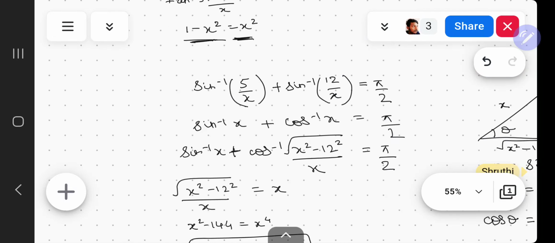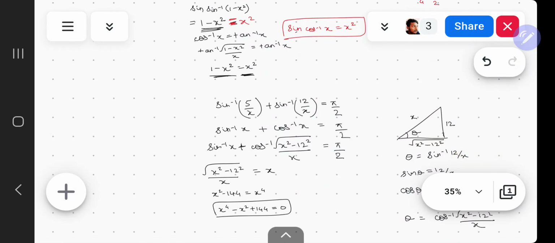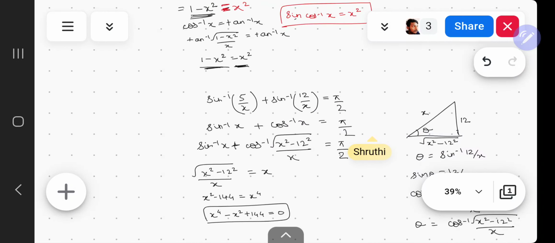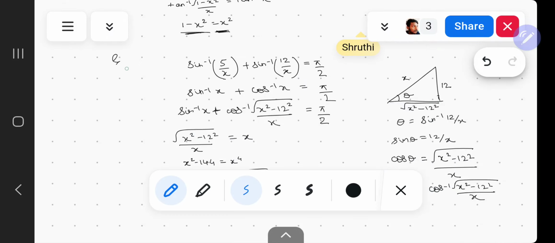Is everything okay in this solution, or have we done something wrong in this example? Okay, so we did something wrong here.